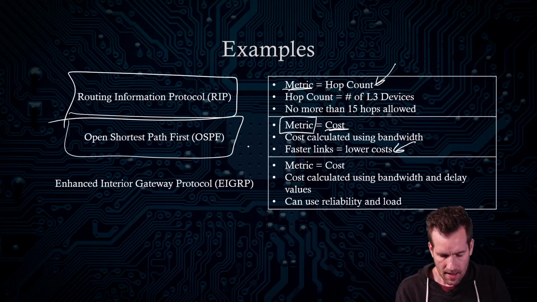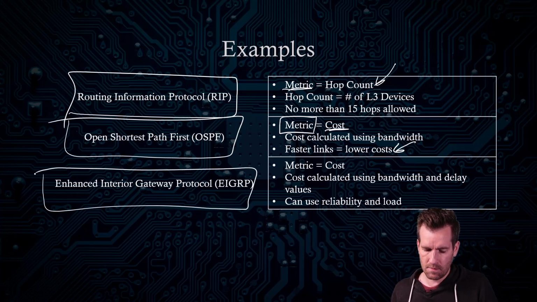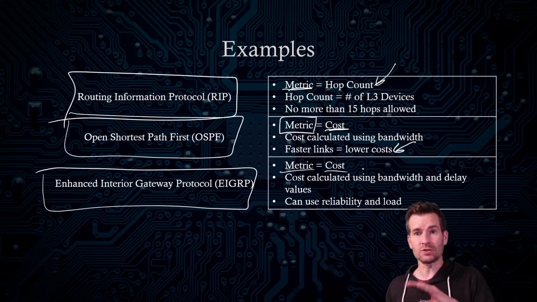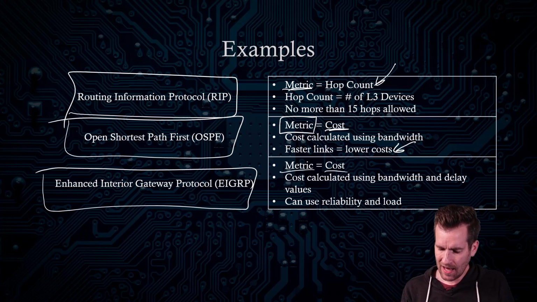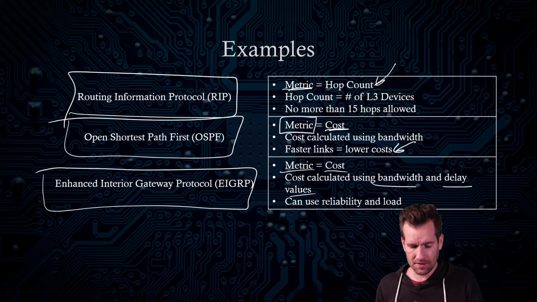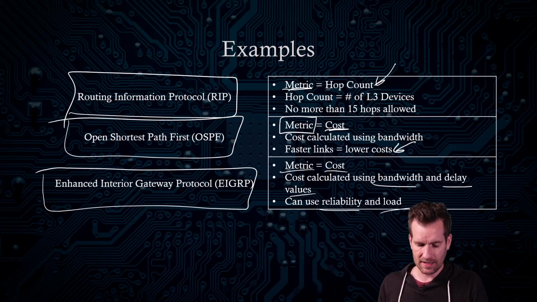Then we have Enhanced Interior Gateway Routing Protocol, EIGRP. Its metric is also cost, and it does use bandwidth as a calculation, but it also uses delay values. So it can see if there are delays, and it can use a couple of other things as well. It can use reliability and load to choose the best route to get to the final destination.